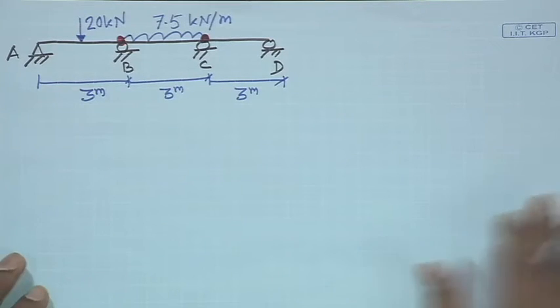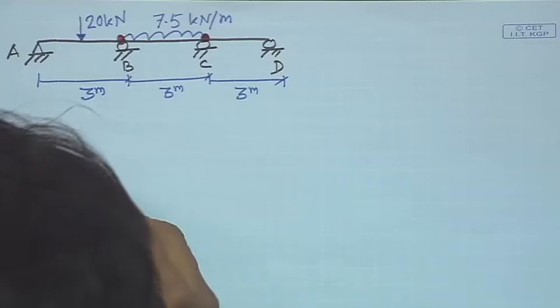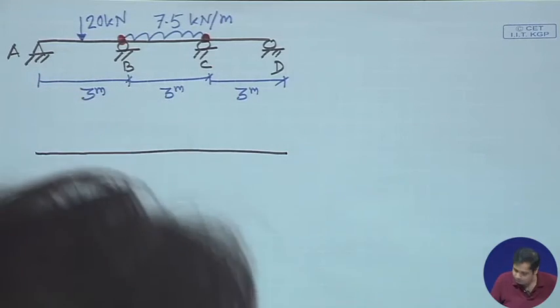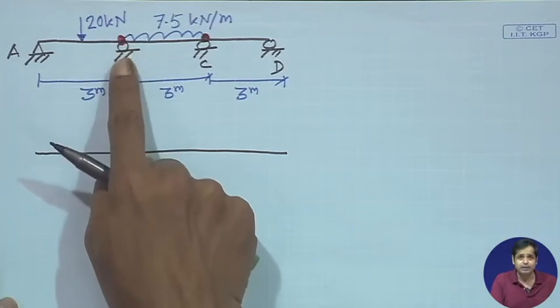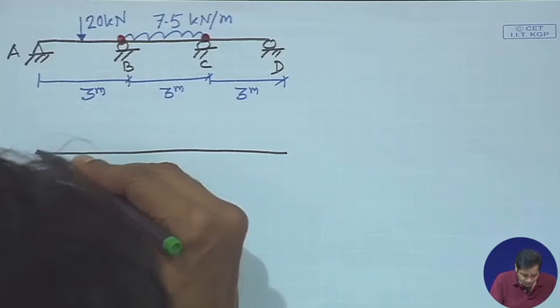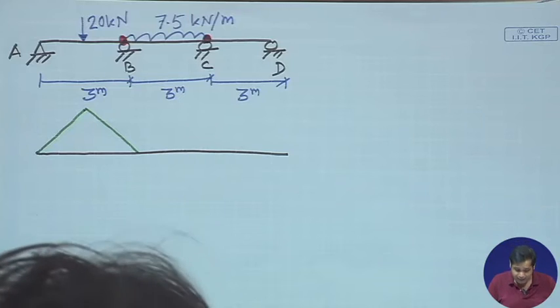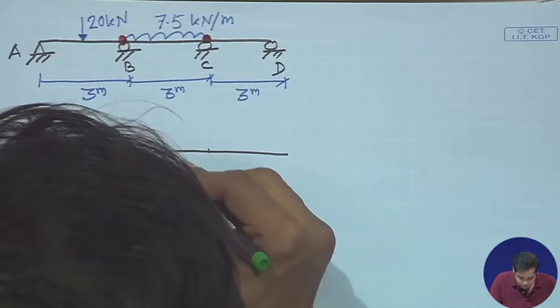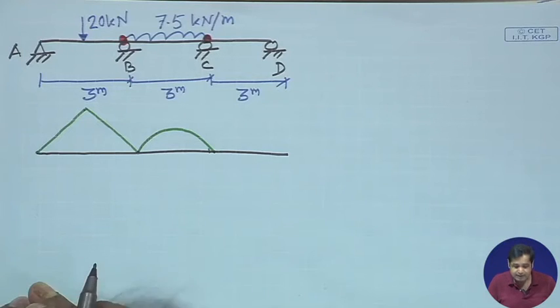Now, let us find the bending moment diagram for this structure. For span AB, which is subjected to a concentrated load at midspan, the bending moment is this. For span BC, which is subjected to uniformly distributed load, the bending moment is parabolic, like this, and for span CD there is no load, so there is no bending moment.